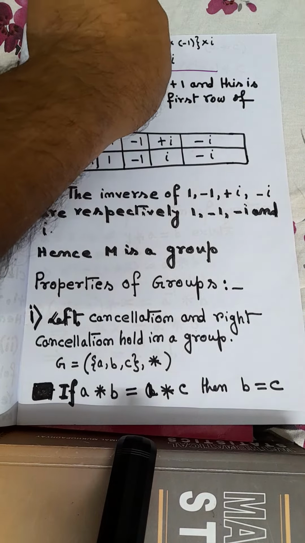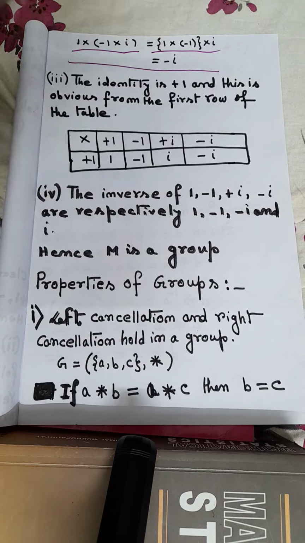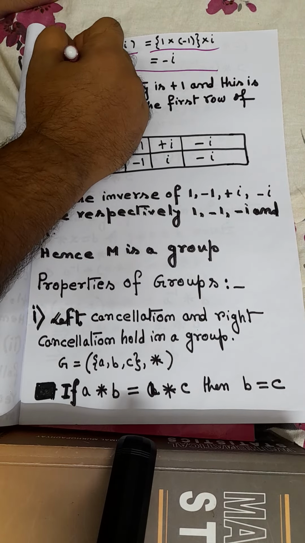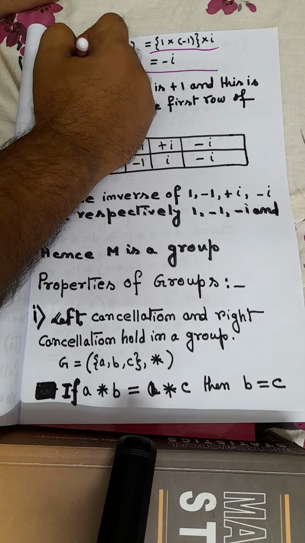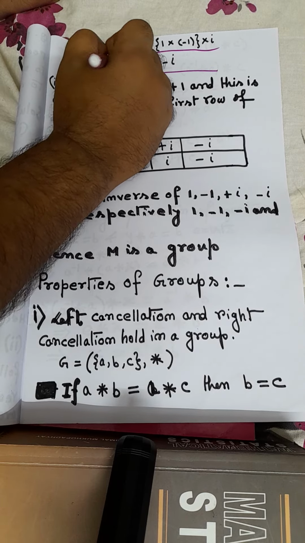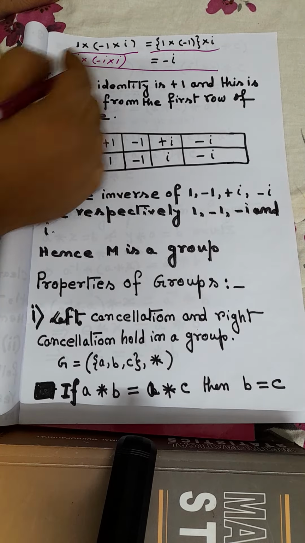So (1 times minus 1) times y equals 1 times (minus 1 times y), or you can check like this. i into minus i plus 1, what we will get?